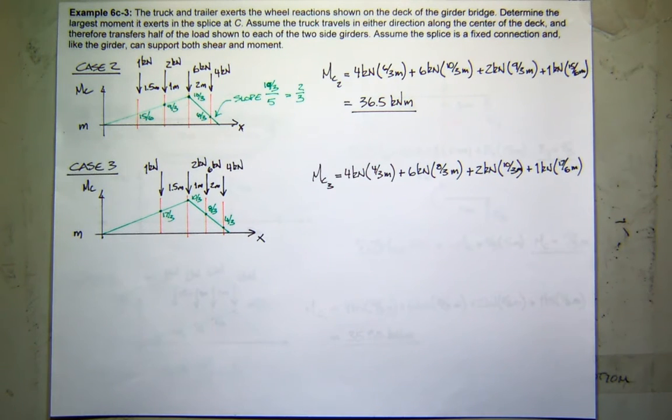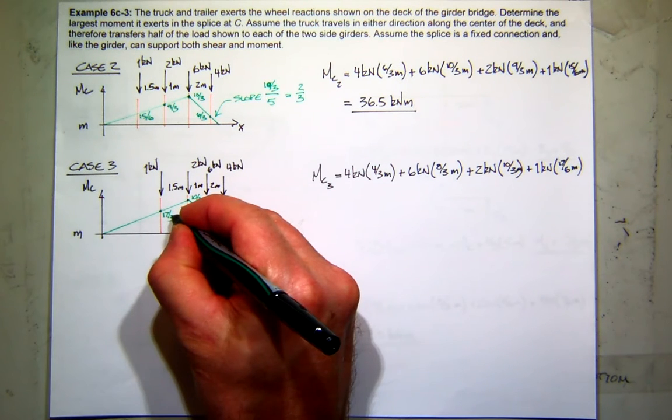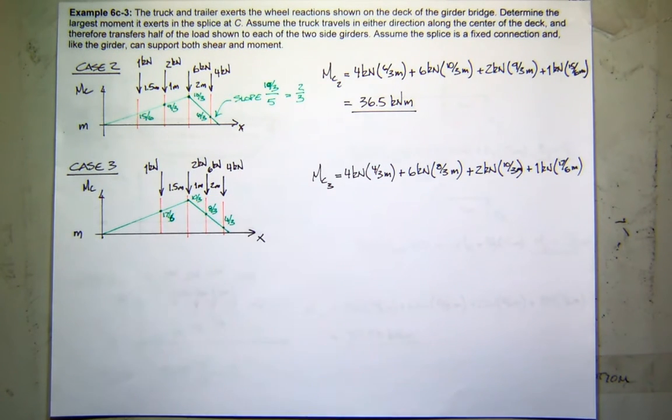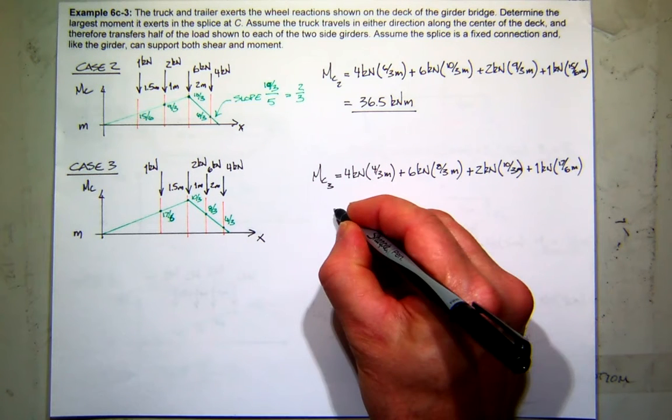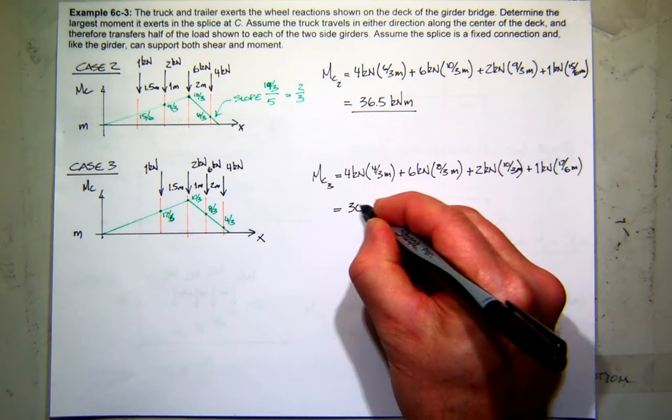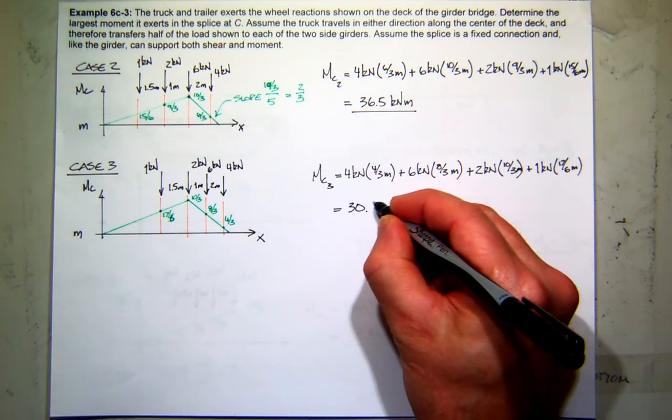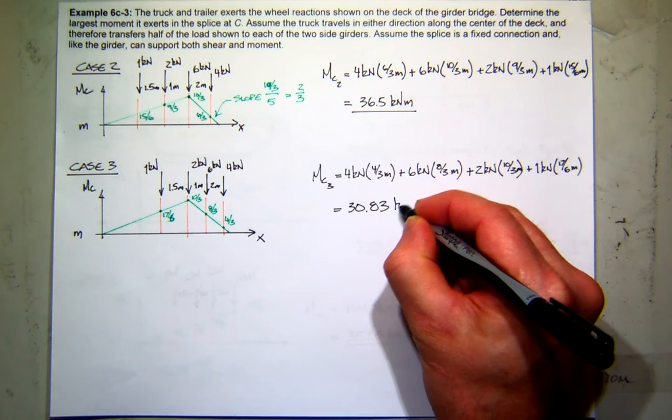I just noticed I wrote thirds there. That's sixths. What's that? 30.833. 30.833? Okay. So we're getting smaller.